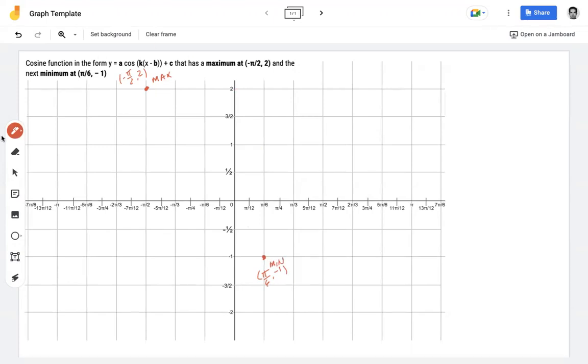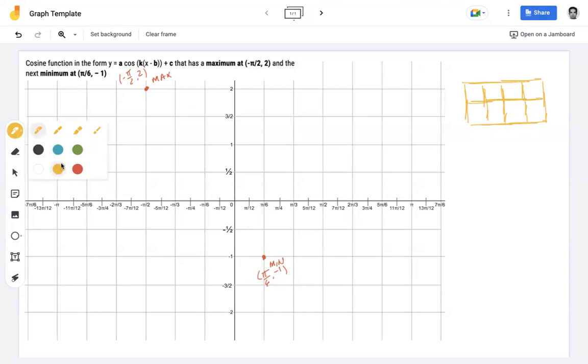If we're dealing with a cosine, just keep in mind that a cosine has a particular period, and you can use 4 distinguishing pieces.